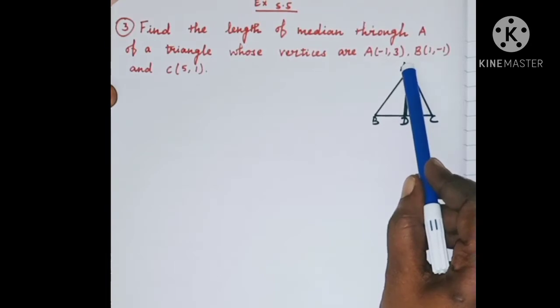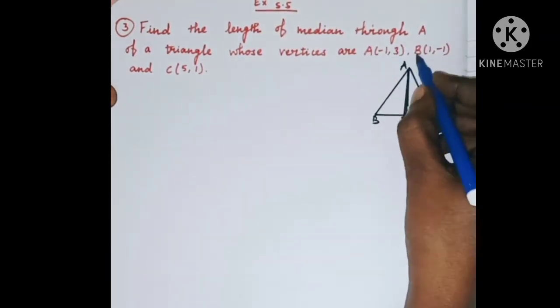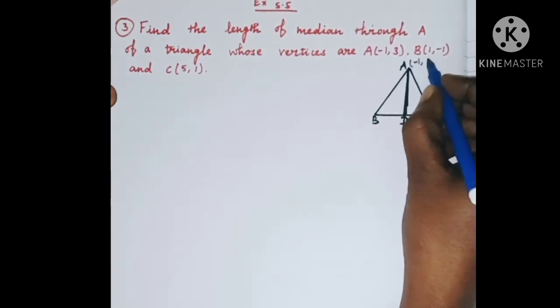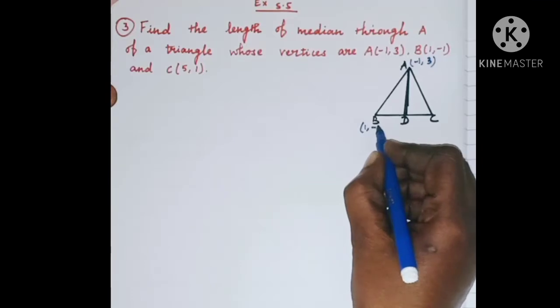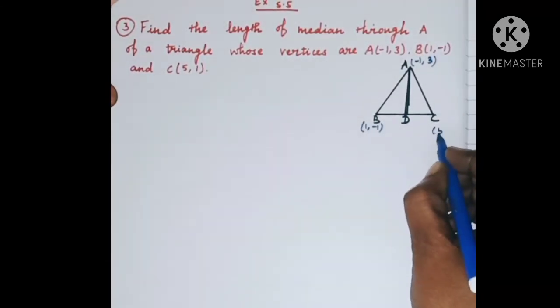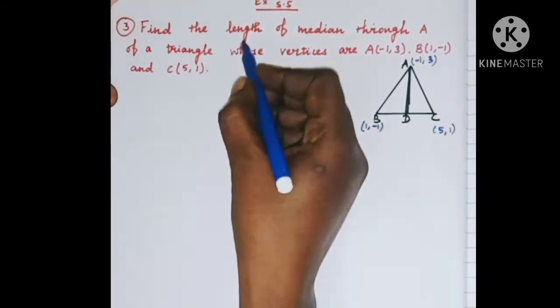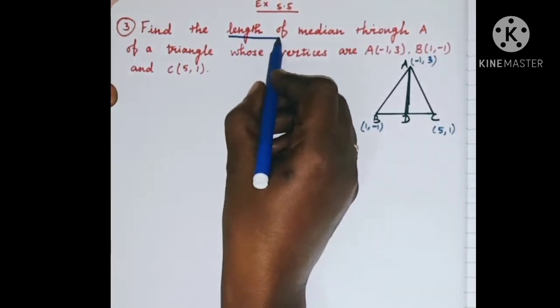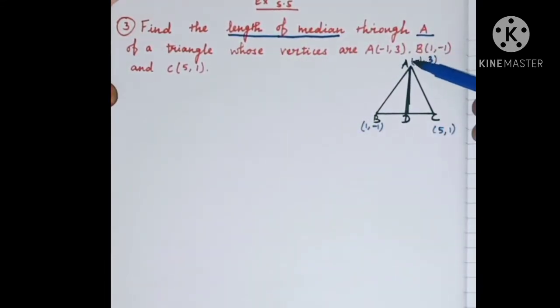The coordinates of A are minus 1, 3, the coordinates of B are 1, minus 1 and the coordinates of C are 5, 1. Now we have to find the length of the median through A. This is the median AD.